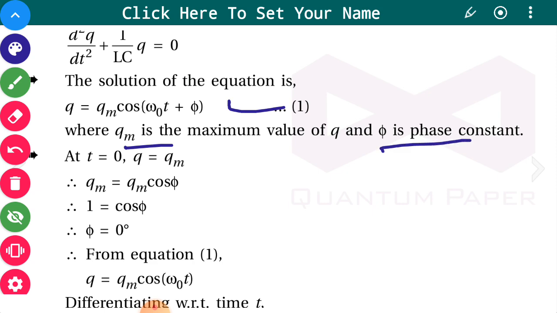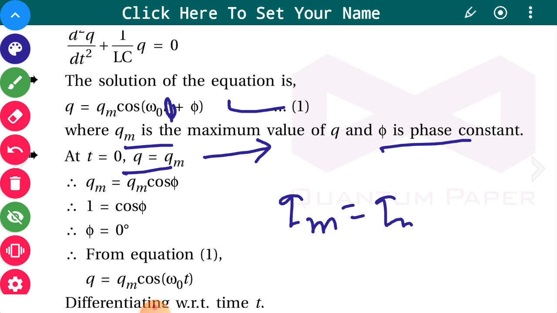Now try to understand: at t is equal to 0, the charge on the capacitor is maximum, it is fully filled, so q becomes qm. So instead of t we write 0 here, then you have qm is equal to qm cos phi.